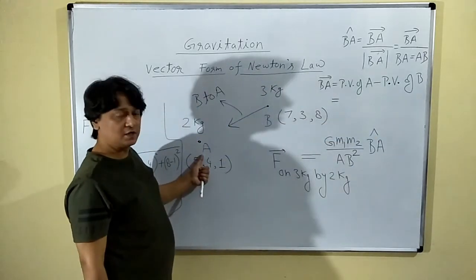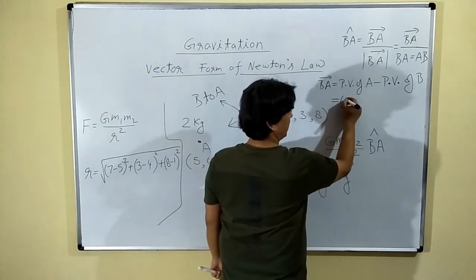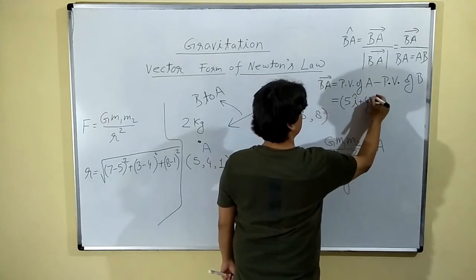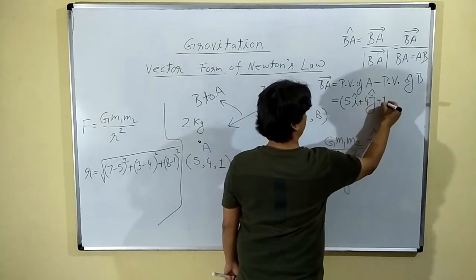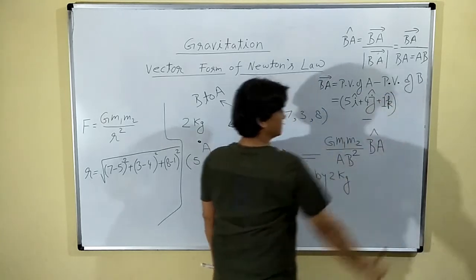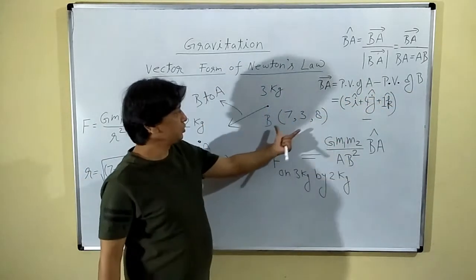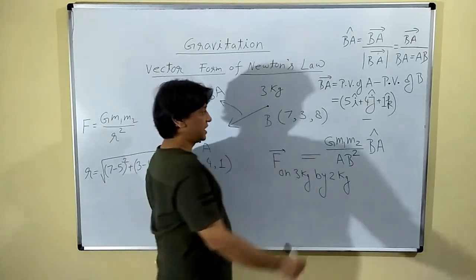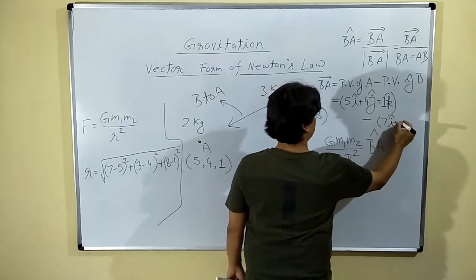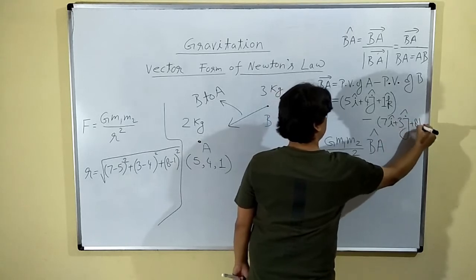Now what is position vector of A? Position vector of A is 5 4 1। What is that? 5 I cap plus 4 J cap plus 1 K cap minus position vector of B। Position vector of B is what? 7 I cap plus 3 J cap plus 8 K cap.